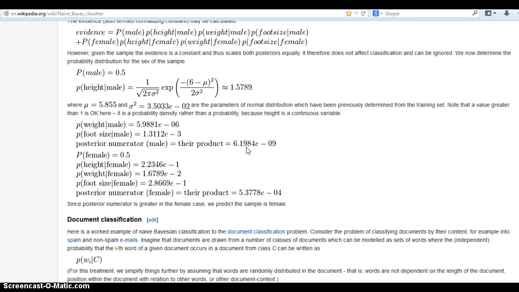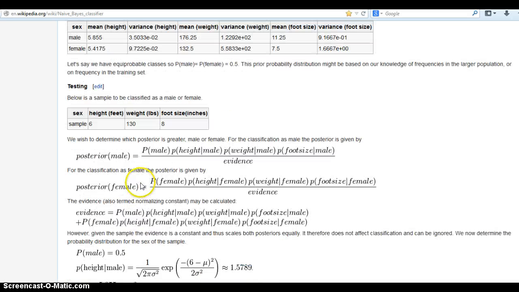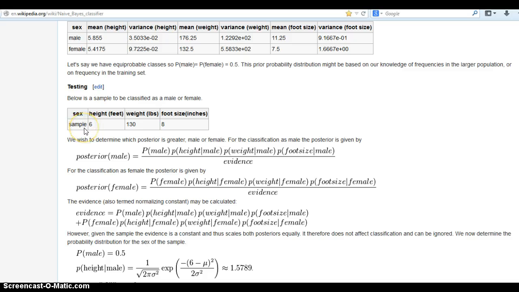So when this sample goes through your algorithm, it's going to be generated as a female class. So this person will be classified as female, which matches pretty close to the weight and the foot size. But this female just happens to be taller.